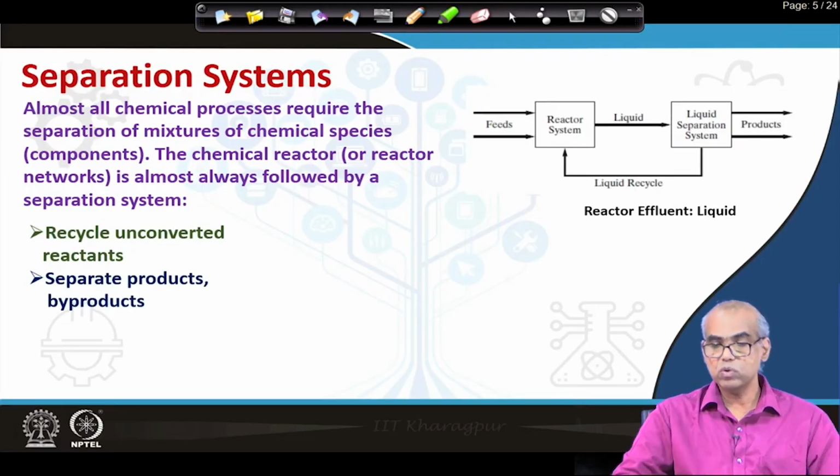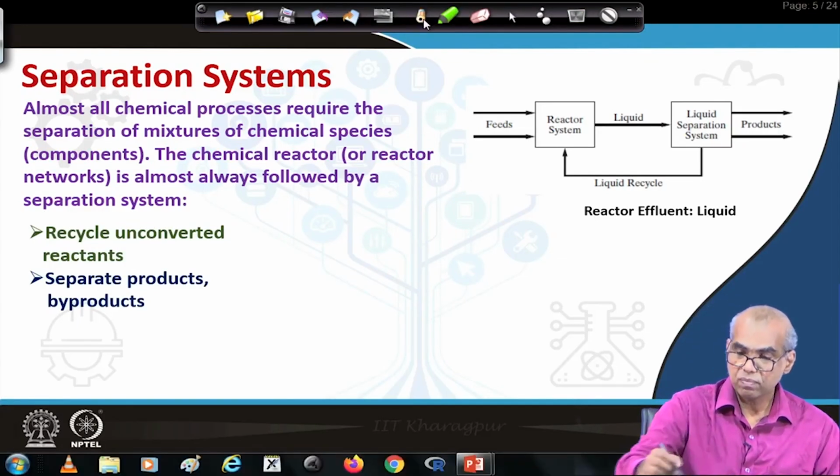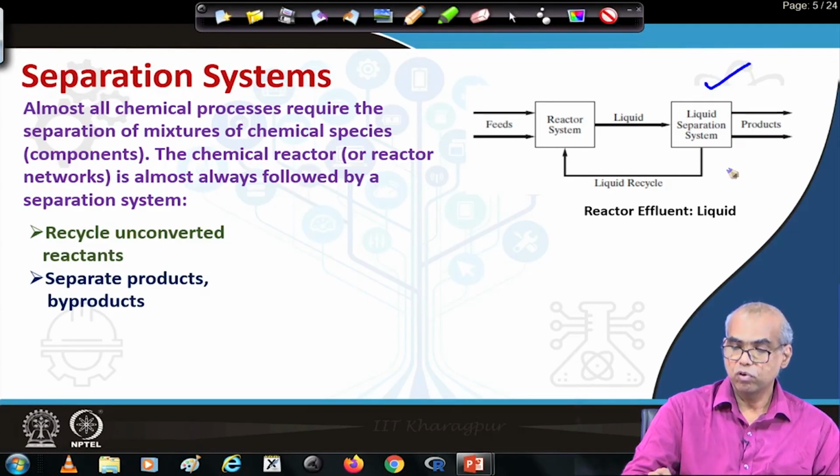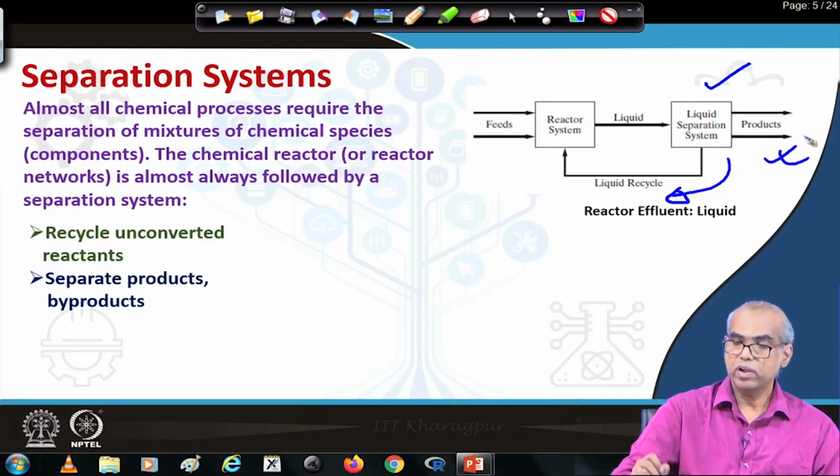So, this flow sheet shows a liquid reactor effluent going through a liquid separation system, from which a liquid recycle stream goes to the reactor and we are withdrawing products.